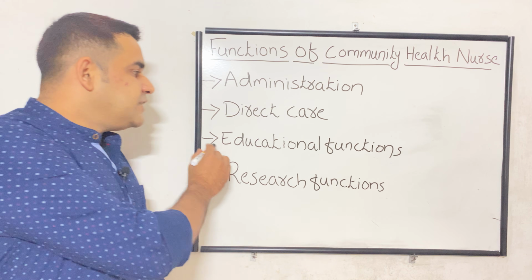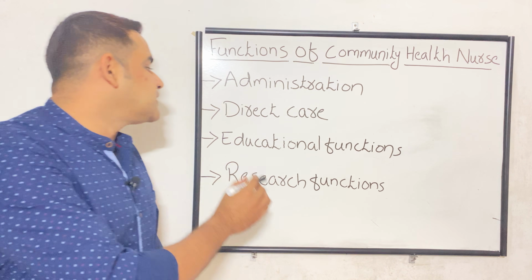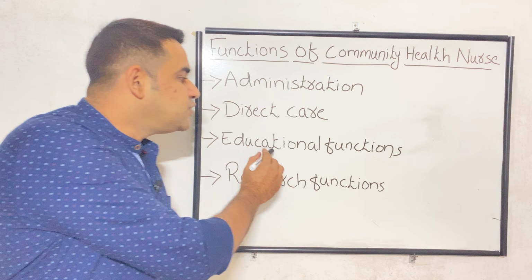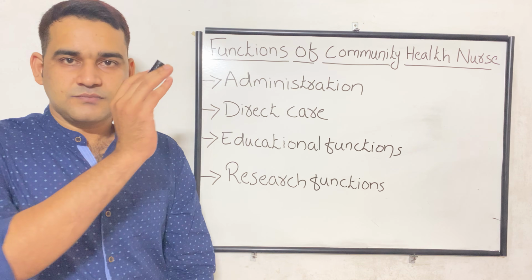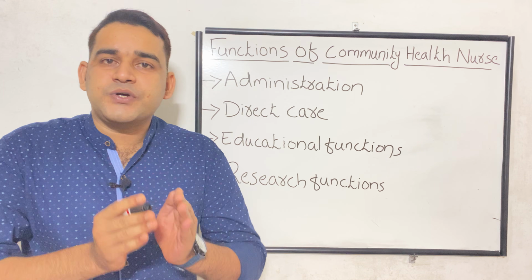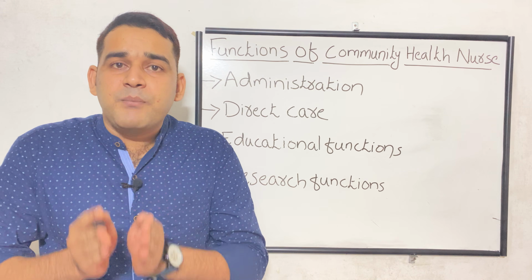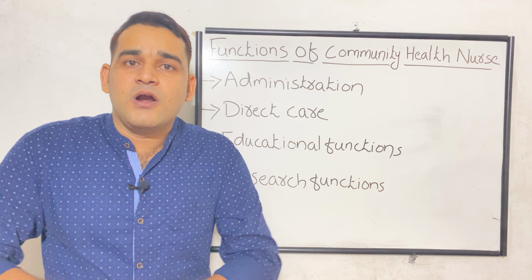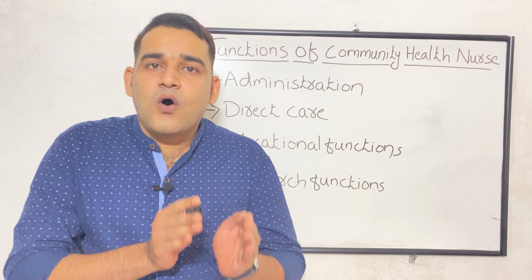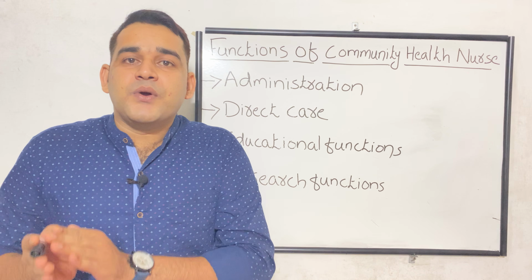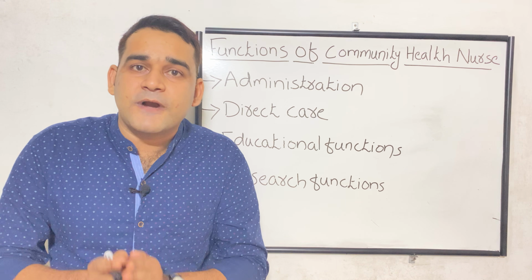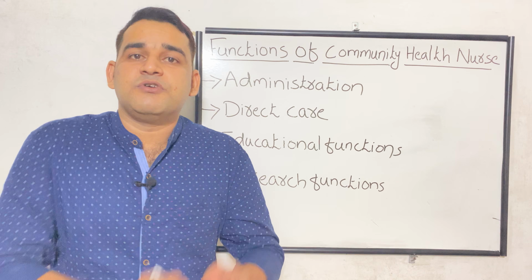Next one is the educational function. The third function of the community health nurse is the educational function. In the educational function, the community health nurse first of all should assess the knowledge level of the community people. In different communities, their knowledge will be different.